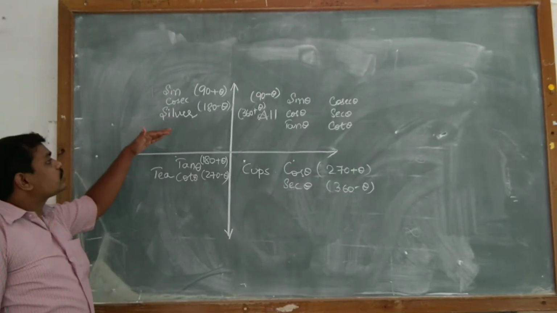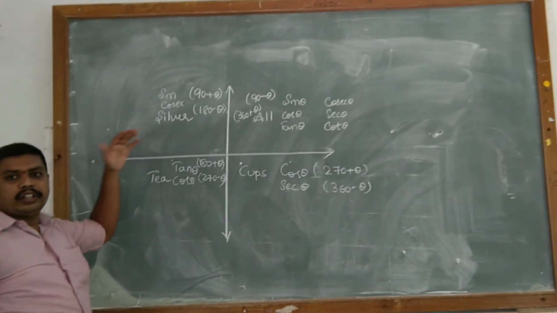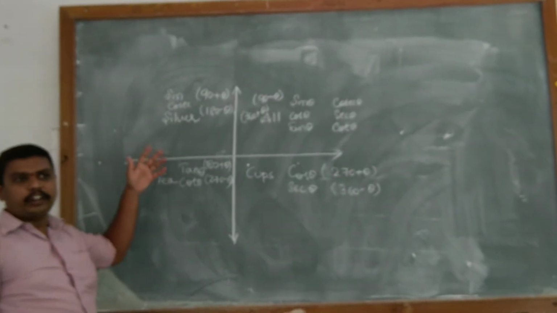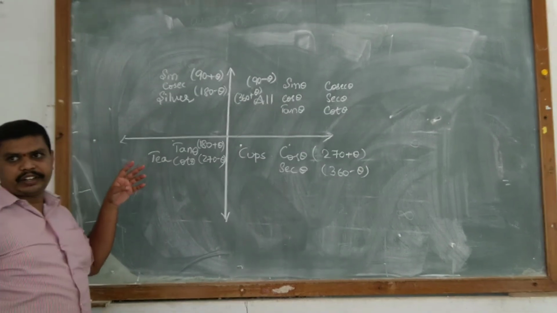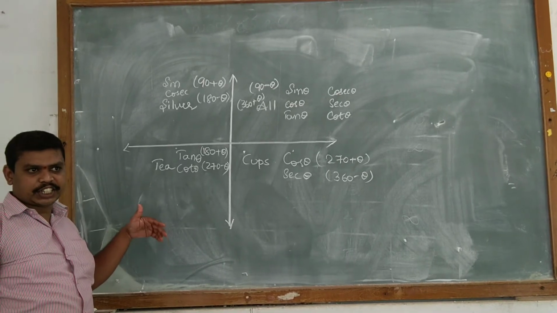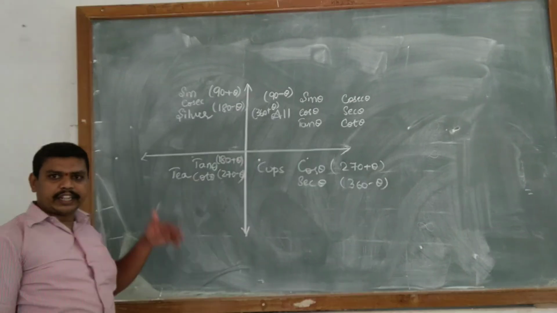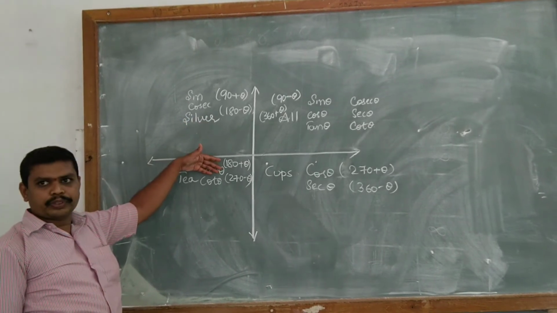Students, the next concept is how the values of the trigonometric ratios, that is, all the 6 trigonometric ratios, change. Now I am going to explain that using this diagram here.